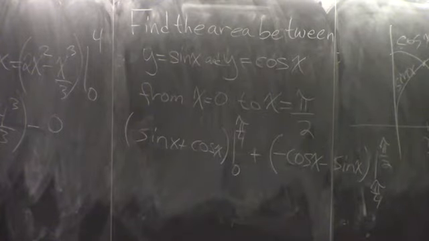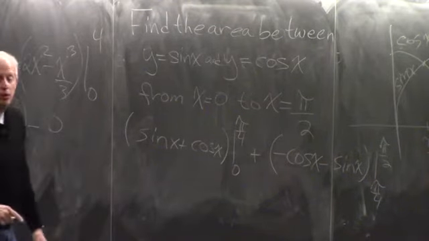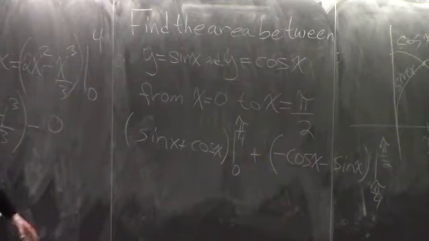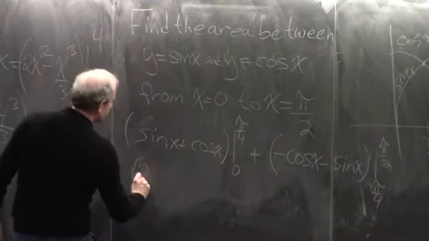Okay? You'll know you did it wrong when you mess up the minus signs. You'll get the answer and it won't make sense. You'll get a negative answer or it'll be too small or something. So, sine of pi over 4 is radical 2 over 2. Cosine of pi over 4 is also radical 2 over 2. So this becomes radical 2.